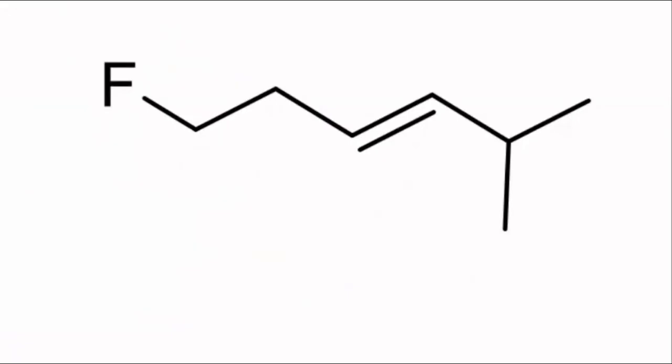In the next example, we are going to first find the longest continuous chain. Remember that we're going to number it starting from the end that is closest to the double bond. So if we number this from left to right, we find that the double bond is at position 1, 2, 3, 4, 5, and 6.